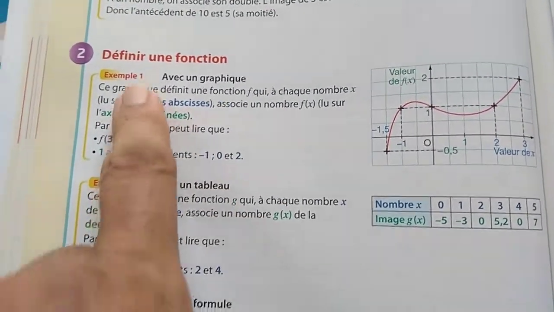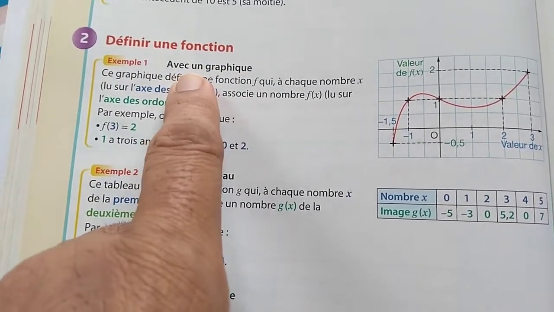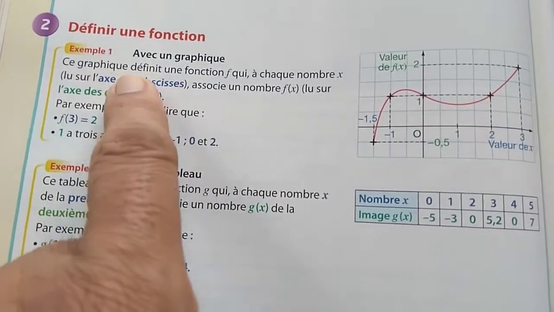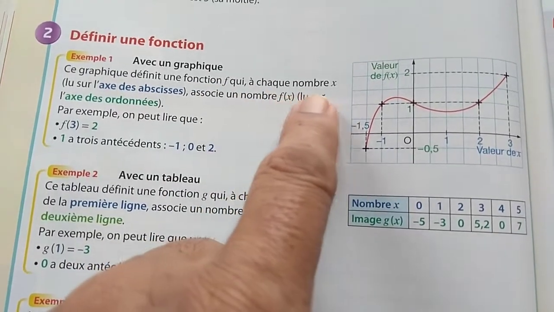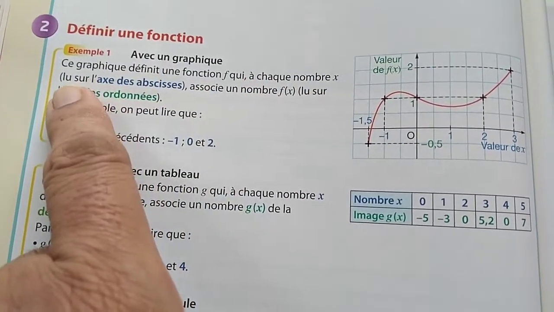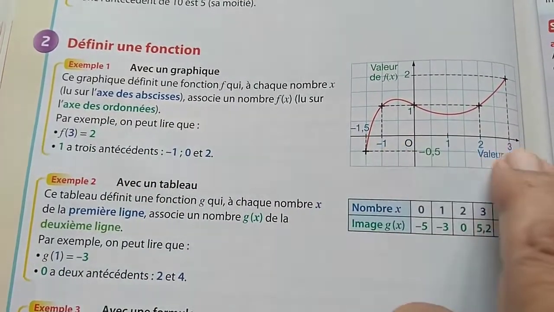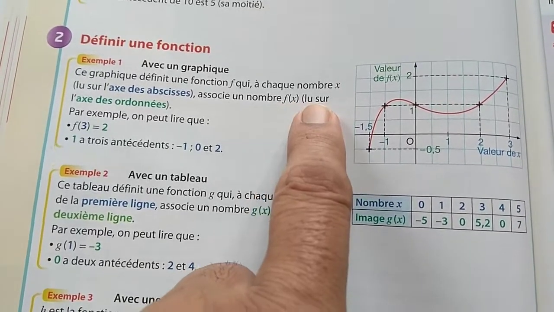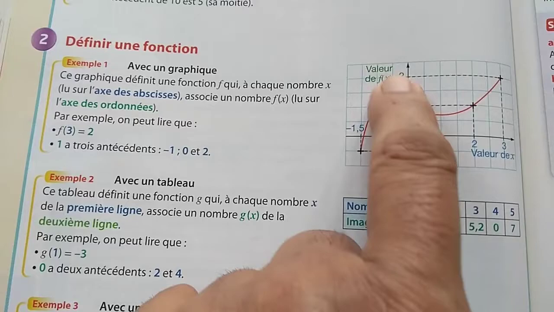So here they start by defining a function avec un graphique, with a graph. So, ce graphique définit une fonction f qui, à chaque nombre x, lieu sur l'axe des abscisses, which is read on the x-axis, associe un nombre f de x lieu sur l'axe des ordonnées, that is the vertical axis.